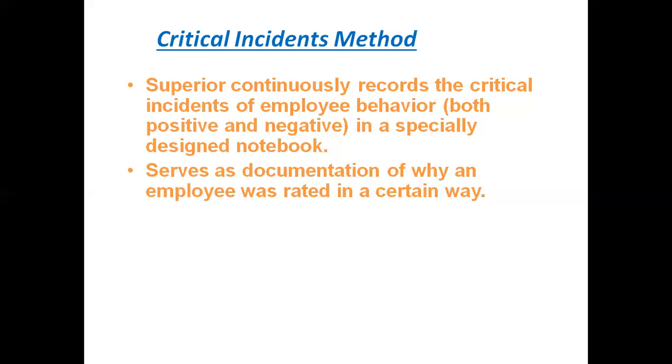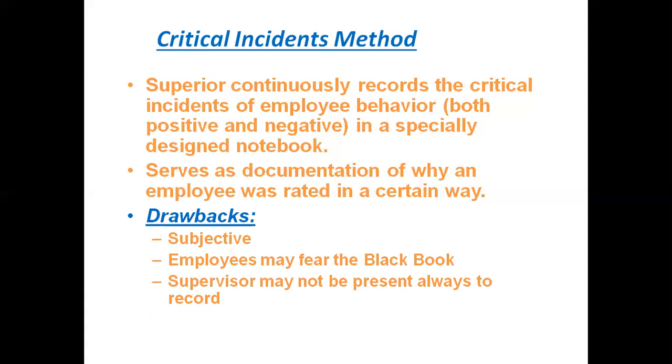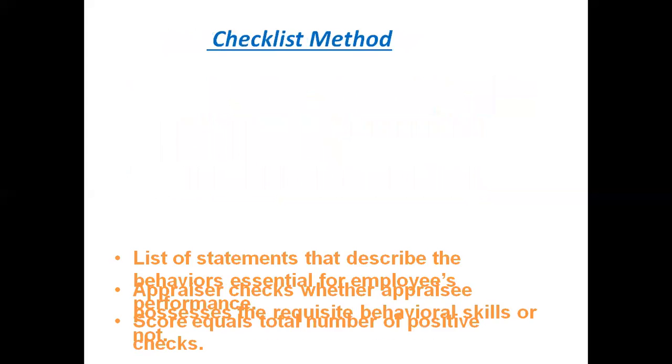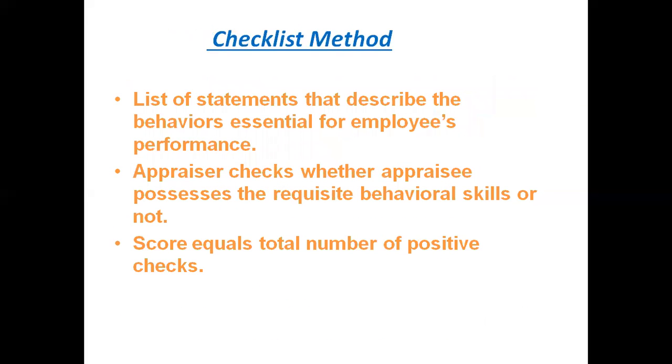Let's move on to the other method, which is the checklist and weighted checklist method. In the checklist, and its latest version, the weighted checklist, there is a set of objective or descriptive statements about the employee and his behavior. If the rater believes strongly that the employee possesses a particular listed trait, he checks the item, otherwise he leaves the item blank.